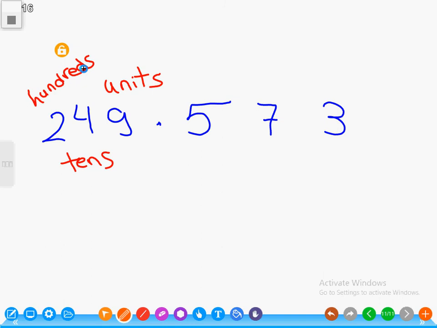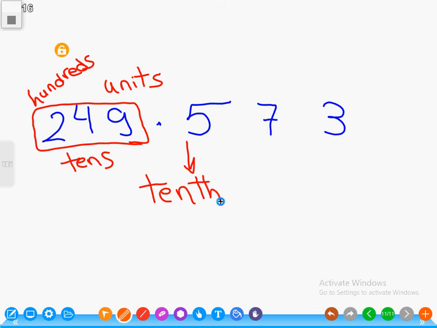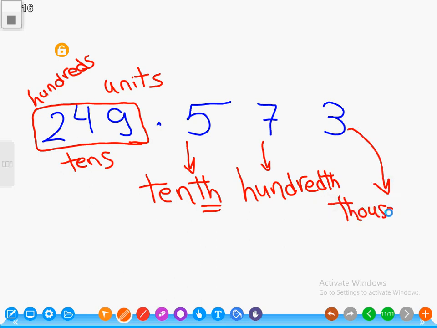This is the place value in the whole part, in the whole number. But here, what is the place value of each digit? We call this tenths, because this is the decimal part, tenths. And this is hundredths. And this is thousandths. This is the place value.